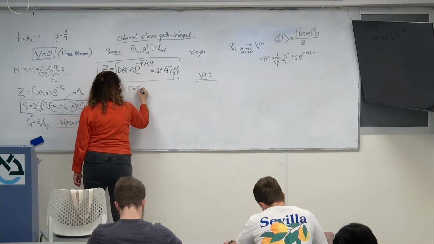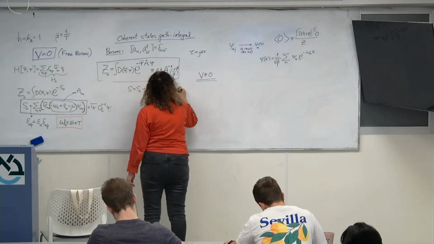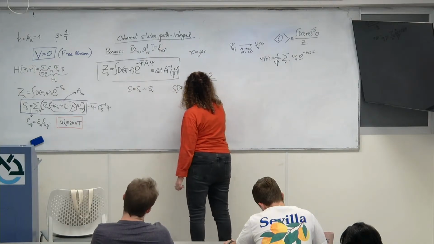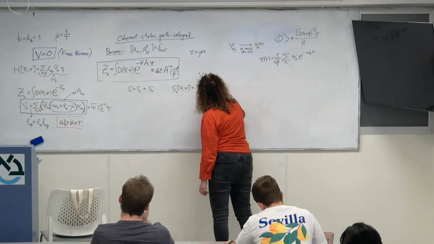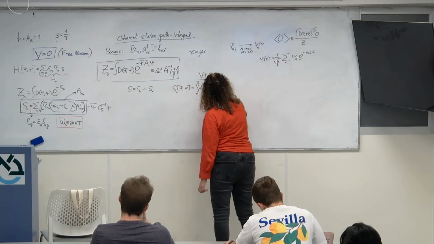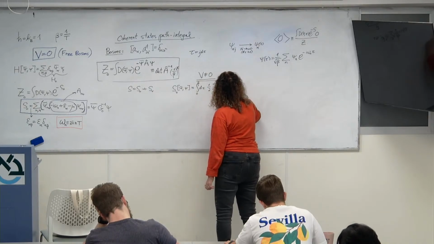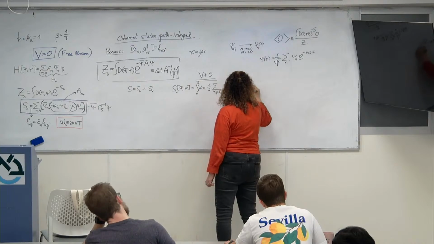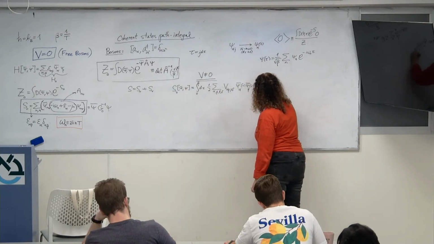S is S naught plus SV, the interaction part, where SV is again a functional of psi and psi bar, which explicitly can be written as the integral from 0 to beta of one half sum over alpha, beta, gamma, delta, with some coefficients, and then our fields, four fields in general.